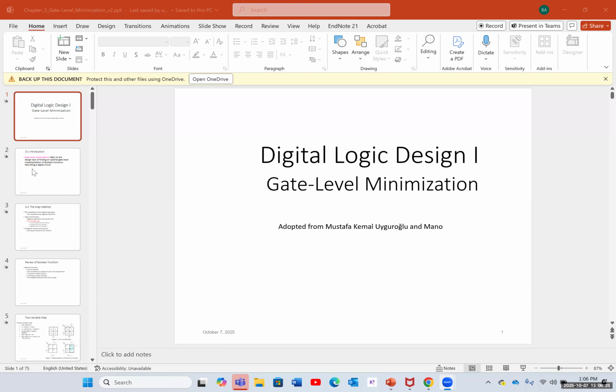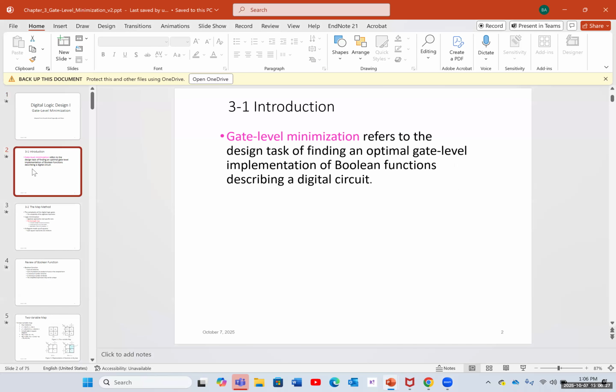The topics that we want to cover this week would be an introduction to gate level minimization. This refers to the task of finding an optimal gate level implementation of a Boolean function. And the reason that we want to simplify a Boolean function, again, is to minimize the number of logic gates.